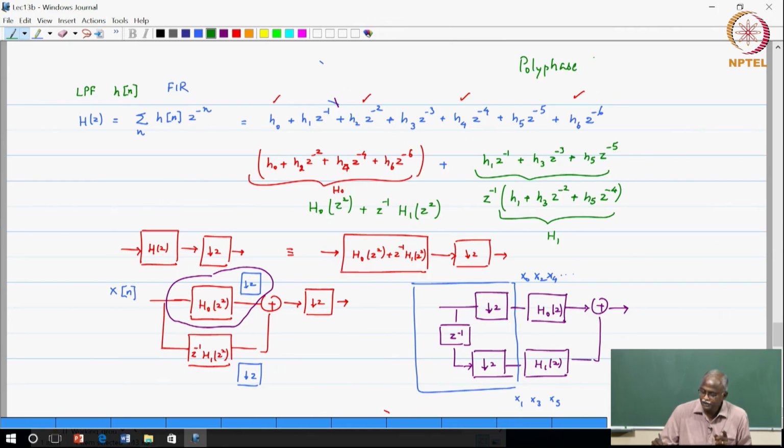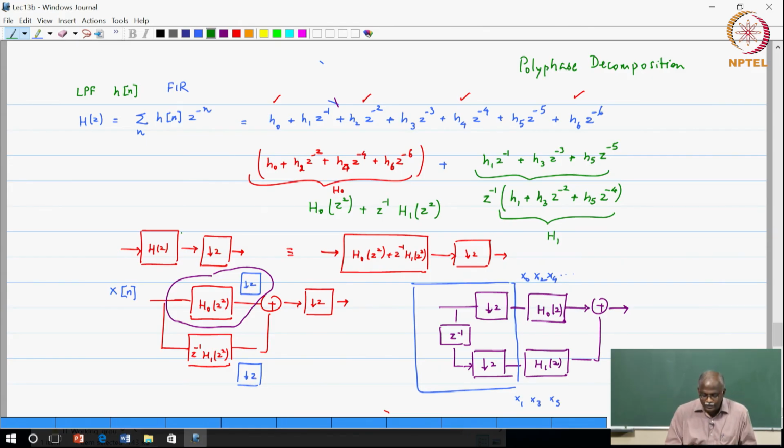Polyphase decomposition probably was the discovery that opened up the world of multirate signal processing. So, what you will now find is that any filtering operation, you can now apply the noble identities to make it very, very efficient.